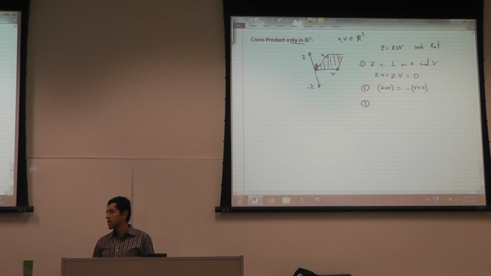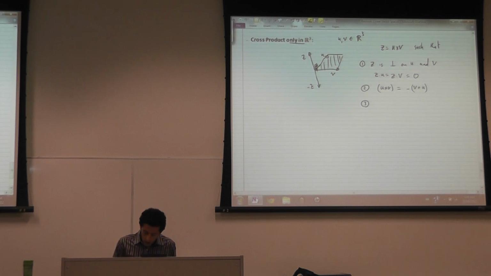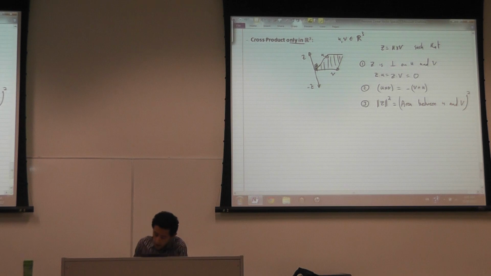I also utilize this operation for some physical quantities, and that's why I want to limit the size of that new vector to the area between u and v squared. So this area, I want the size of the vector z to give me this area.